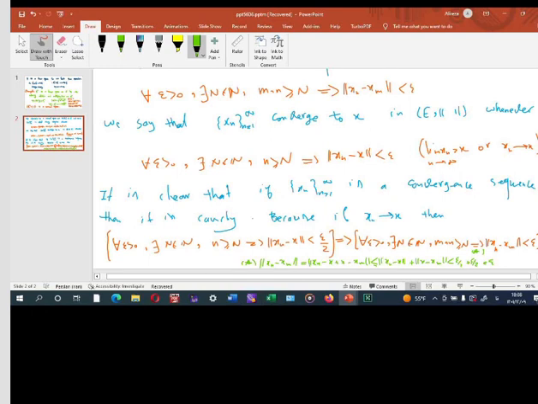So any convergent sequence is a Cauchy sequence in any norm space.